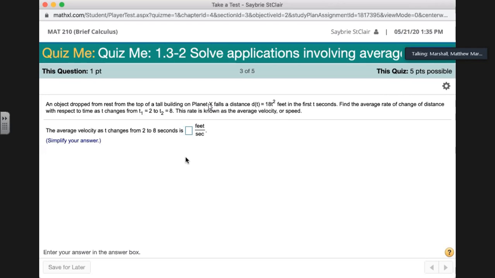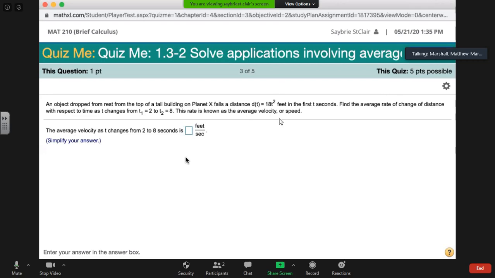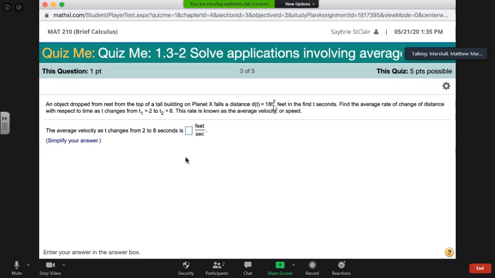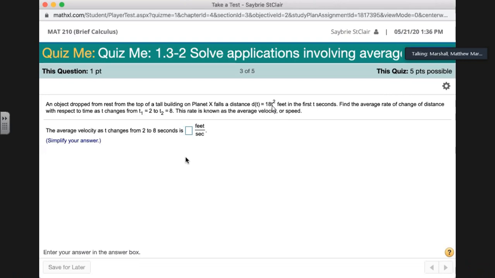That's 1,152. I'm not sure if you got those numbers. I plugged in 8 into t squared, and you got to do that part first because the order of operations says do the exponent first. So 8 times 8 gave me 64, and then that times 18 gave me the 1,152.